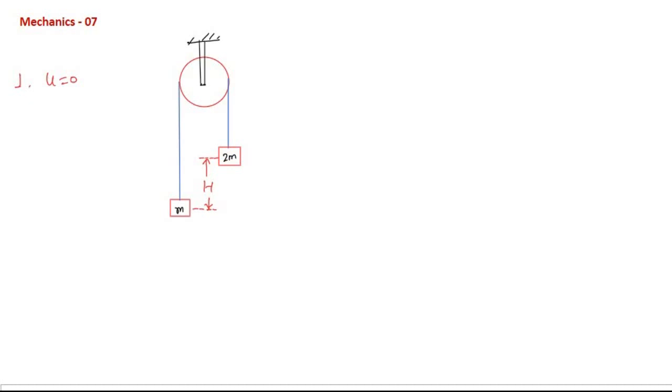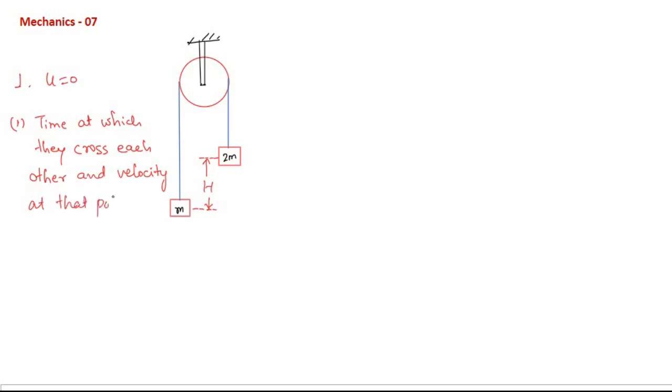Then you have to find first the time at which they cross each other, and the velocity at that point. This is not a very tough problem, so I will start it from here.